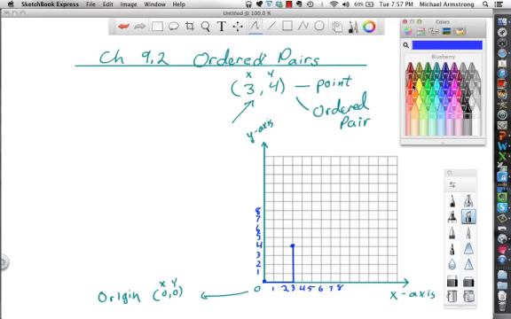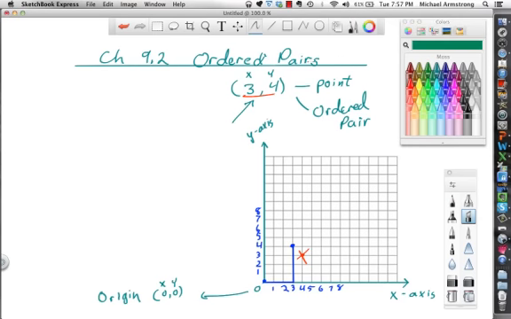Now if I got confused about the order and put the y first and the x second, or if I went up 3 and over 4, I would get this point. And these points are not the same. This one is wrong. And it's only wrong because we decided that x goes first and y goes second. If we had gone the other way, it would be right. But whatever it is, we all have to agree on the way to do it. So the mathematicians and scientists got together and figured out that our order has to be x first and y second. And it's alphabetical, and it kind of makes sense.